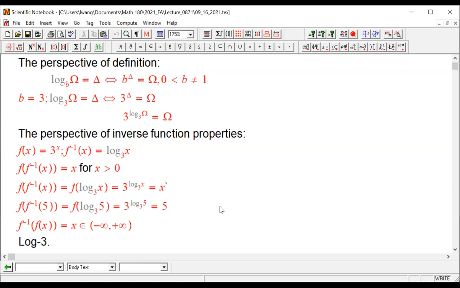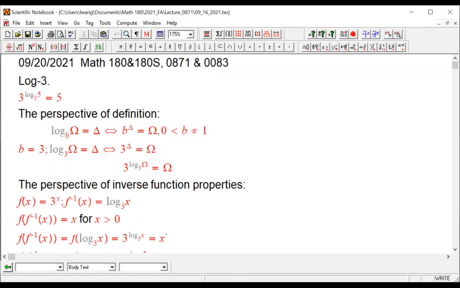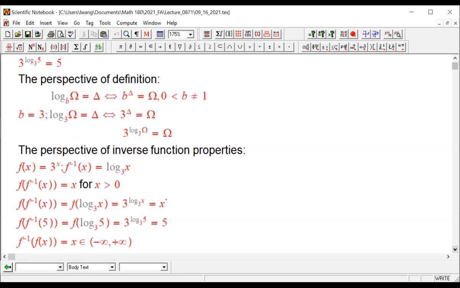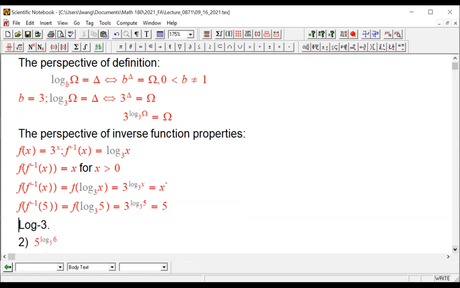What I'd like you to do is, you have seen these two perspectives, right? I want you to try your hands at deriving them yourself. Number 3, 10 to the power of log 3. I want you to try these different perspectives for different bases, 5 and 10. And you're going to do it on your paper.